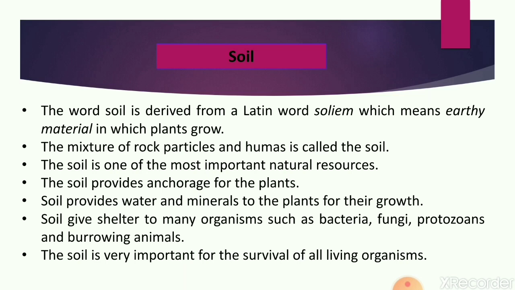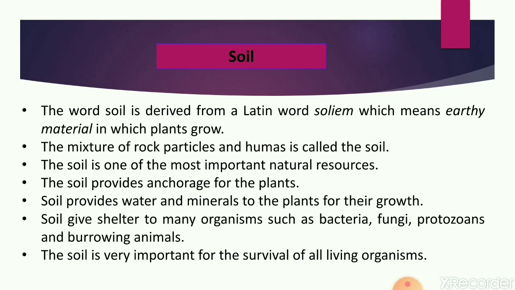So many types of other organisms are also present, like microorganisms such as bacteria and fungi, and they help in the process of formation of humus. That thing we will study further in this chapter. And earthworms also help us to increase the soil fertility, as we have studied about composting in sixth class.